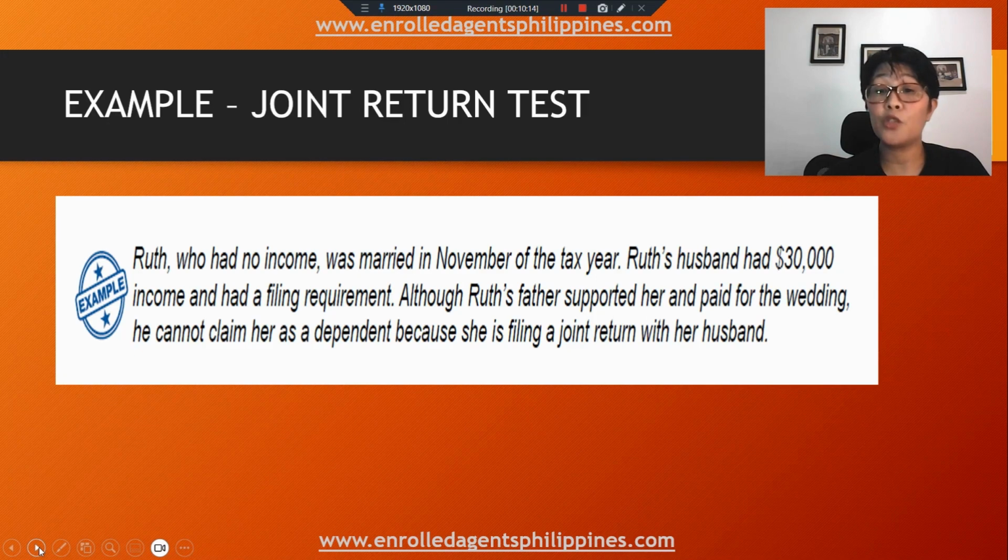Although Ruth's father supported her and paid for the wedding, he cannot claim her as a dependent because she's filing a joint return with her husband. Okay, yun yung sinasabi ko kanina na kapag usually mag-asawa, kahit na sinusuportahan pa ng parents, kung magpo-file sila ng joint return, hindi na rin pwedeng i-claim sila as dependent.